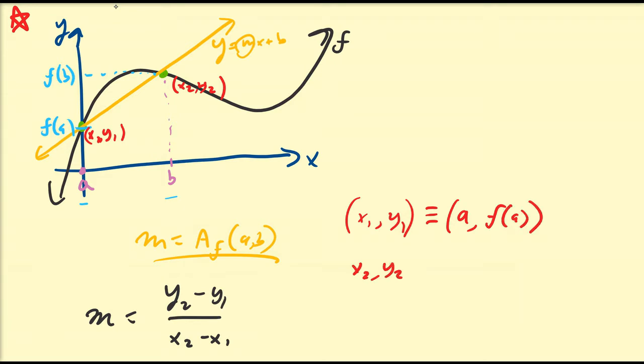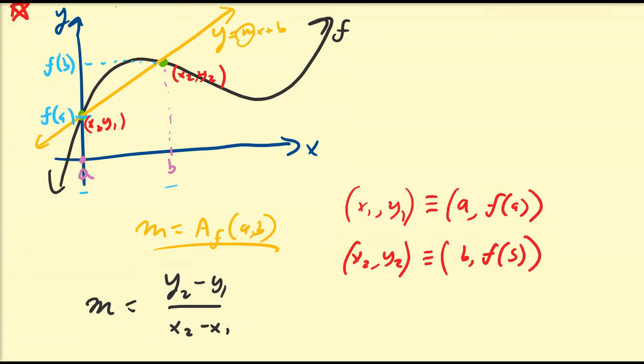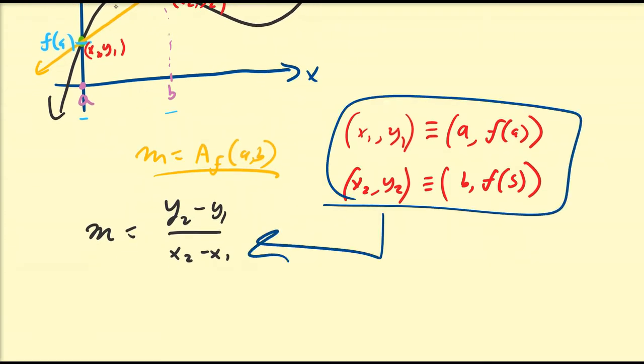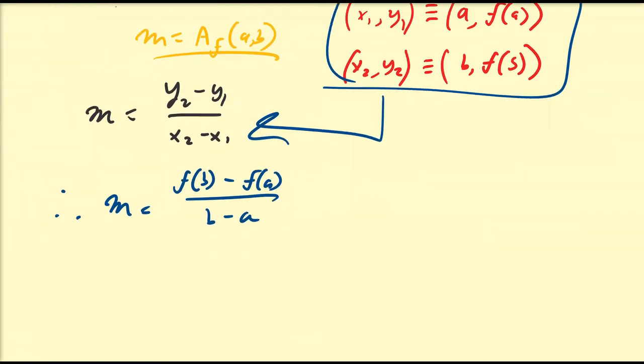And x2, y2 is equivalent to the point where the x-coordinate is b, and the corresponding y value is f of b. If we plug these two expressions into this slope equation, then the slope of that line, m, is equal to f of b minus f of a all over b minus a.